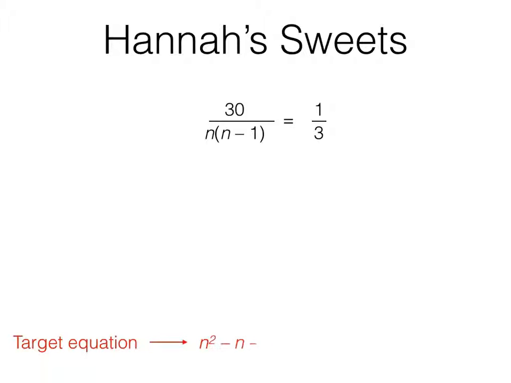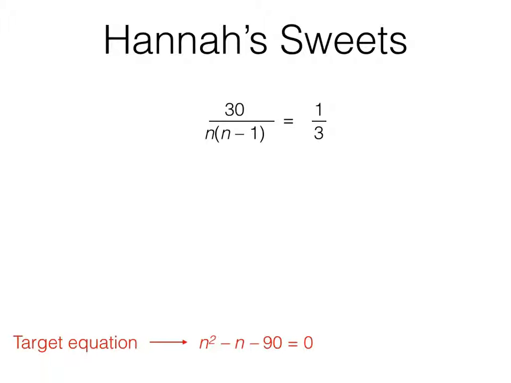N squared minus n minus 90 equals 0. In fact, it is the same equation, but you need to do a bit of algebraic messing around to turn my equation into the target equation shown here in red. Remember, the golden rule with fiddling about with equations is that whatever you do to one side of the equal sign, you have to do to the other.